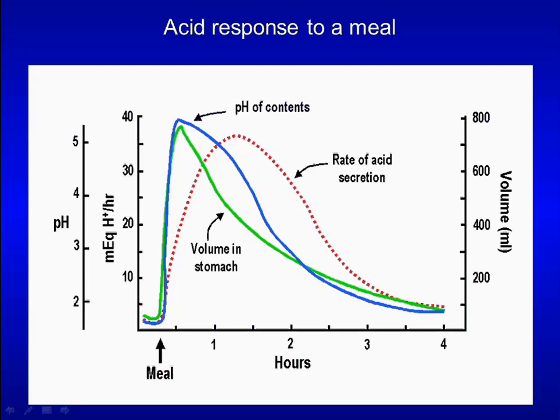After the meal begins, pH, volume, and rate of secretion increase rapidly. When the meal ends, both pH and volume reach the maximum. Rate of acid secretion continues to rise. In about an hour, it also reaches the maximum.